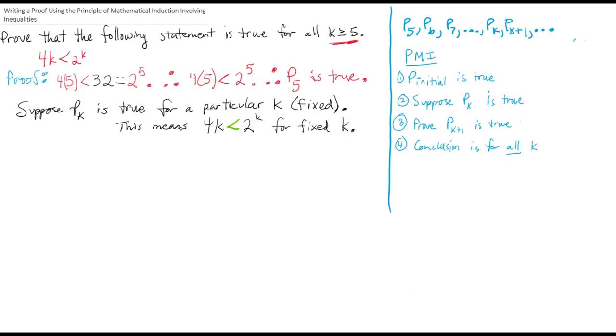Now, what do we want to show? We want to show that the proposition of k plus 1 is true. In other words, we want to work out this expression, 4 times k plus 1. And eventually, we want to conclude that this is in fact less than 2 raised to the k plus 1.